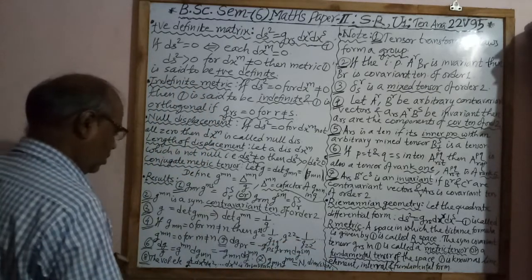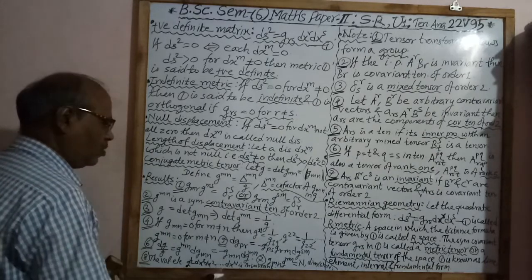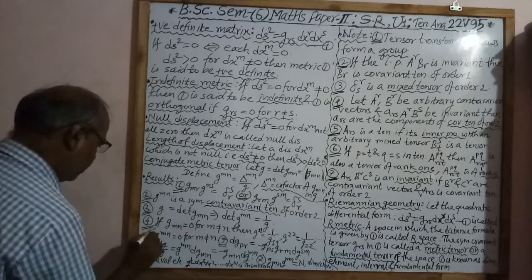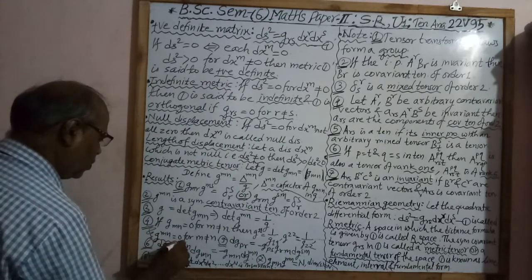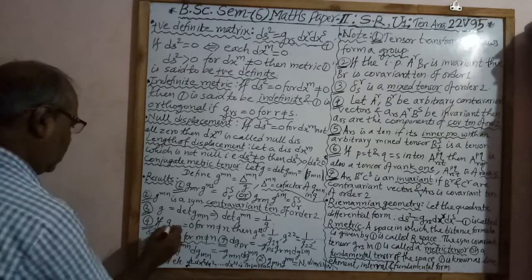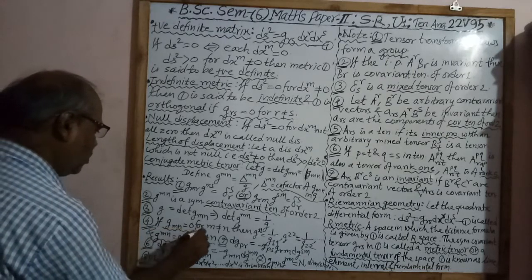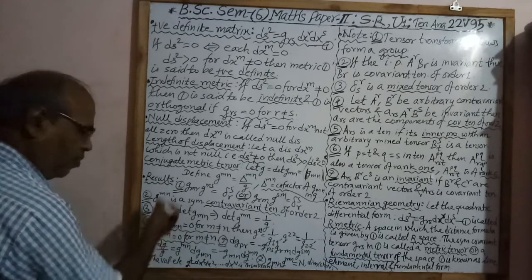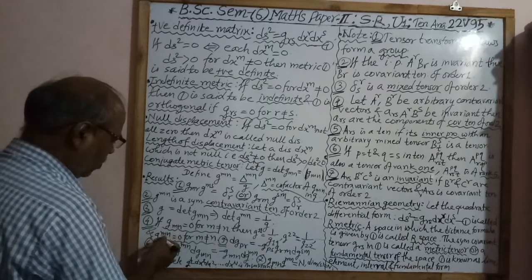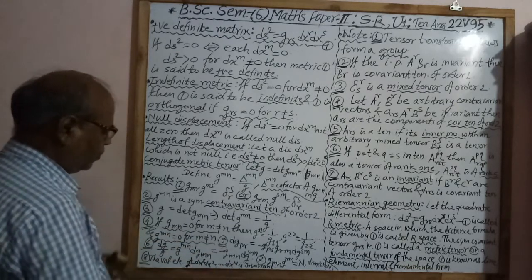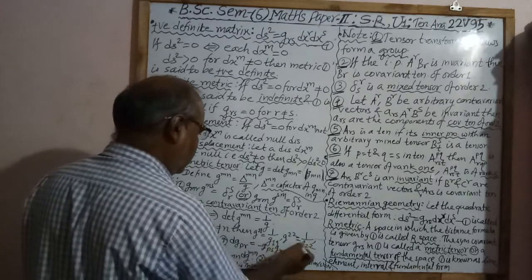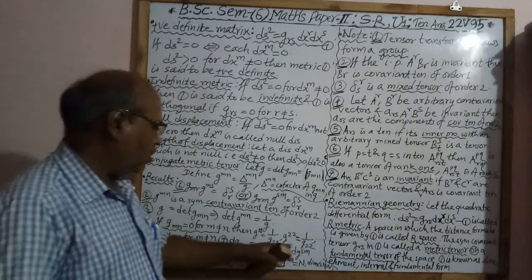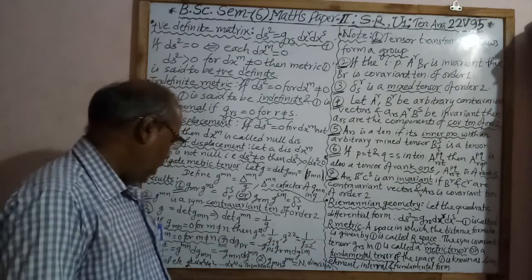We get g^mn equal to 1 upon g_mn and g_mn equal to 0 for m is not equal to n, like this. We have written here the lower suffix g_mn is equal to 0 for m is not equal to n. Similarly for the upper index we have g^mn equal to 0 for m is not equal to n, and in other cases we have this and like this. g^11 equal to 1 upon g_11, this is lower, this is upper and this is lower, like this and so on.